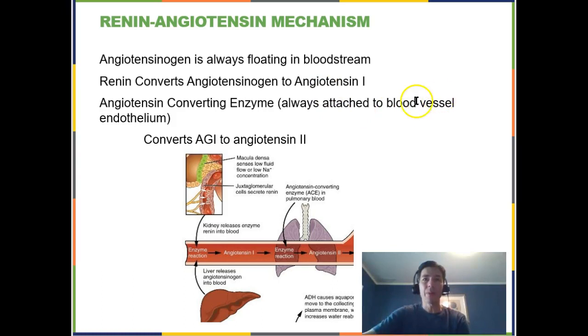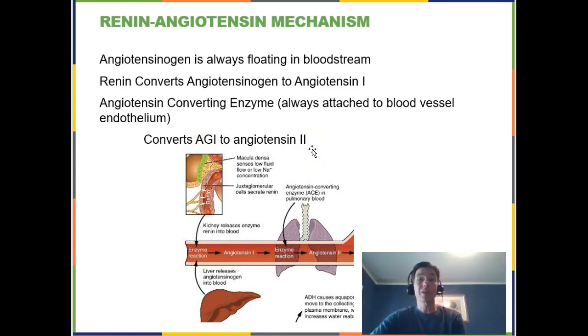Everywhere in your body where there are blood vessels, there is another enzyme called angiotensin converting enzyme, or ACE. It converts angiotensin 1 to angiotensin 2.